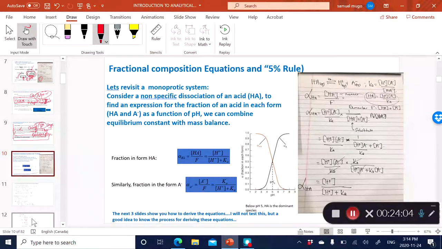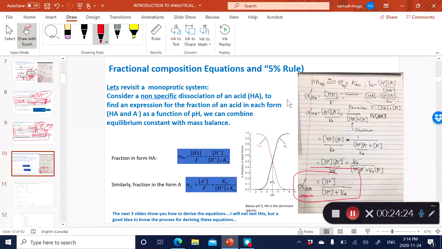So finally, I'd like to very quickly take you through, and I think I've already said it, how I'm getting these fractional compositions so that you're familiar with the derivations of these equations. Again, I've got an acid, such as this.